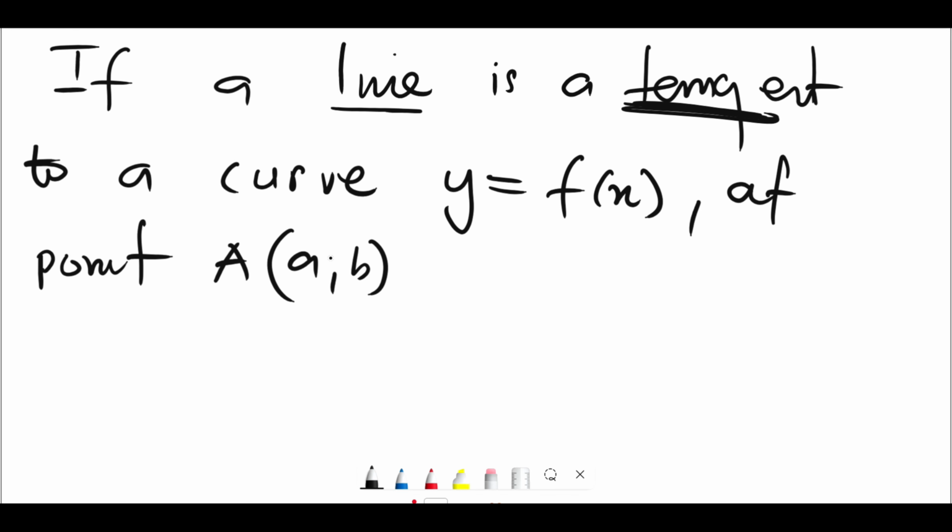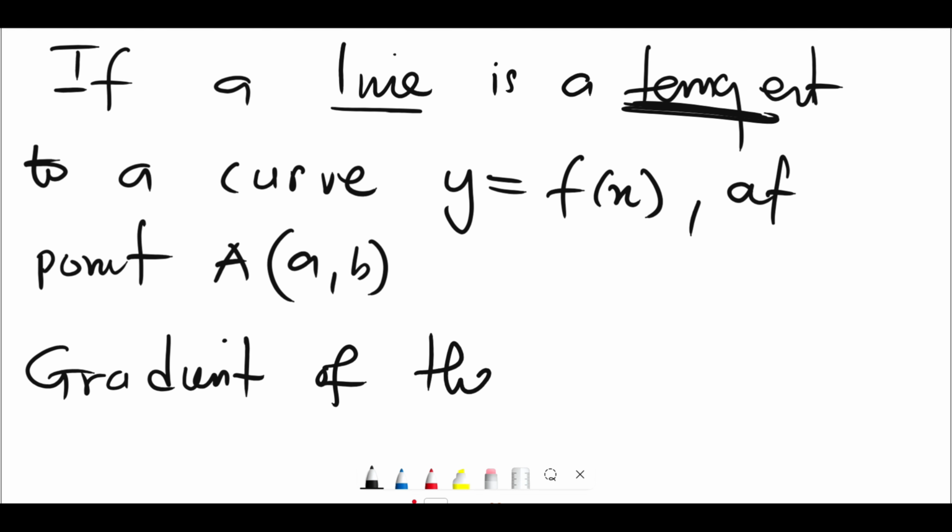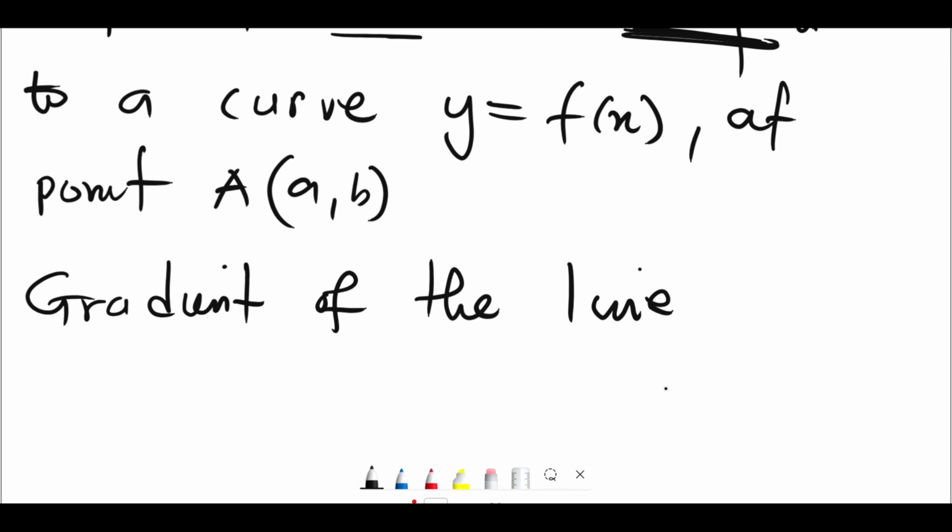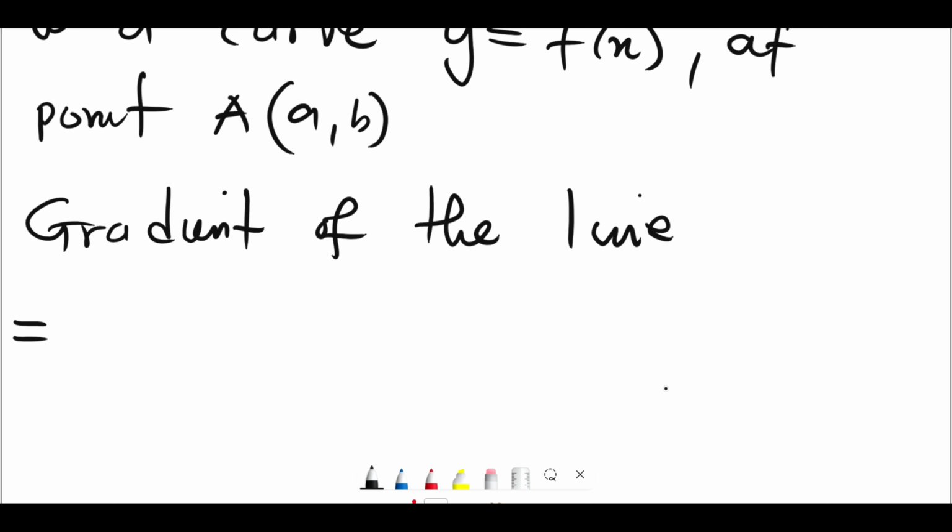So the gradient of the line will be equal to the derivative of the given function. So we are going to differentiate the given function, and that will give us the gradient function.